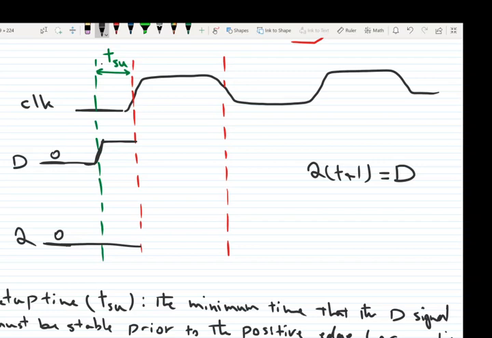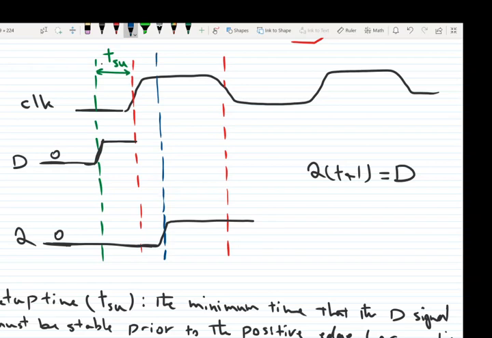Here is the Q. The Q doesn't change at exactly the same time as the clock edge. Why? Because we have propagation delay. So we should show the propagation delay. We will have a little delay, so it changes a little after the clock.